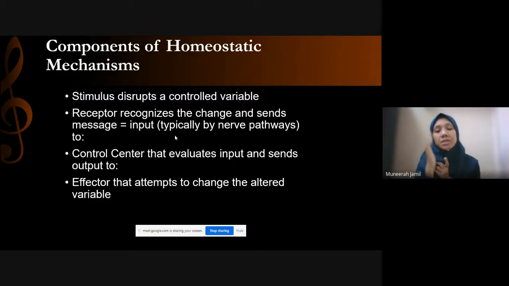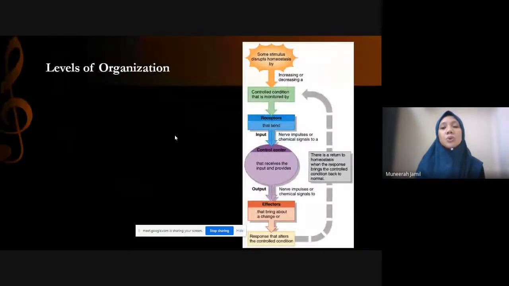The brain is the control center, so that the brain itself can evaluate the input and send the output, the response, to the effector, so that the effector can respond to those changes, to alter the variable. Okay, so this is the general explanation about homeostasis.